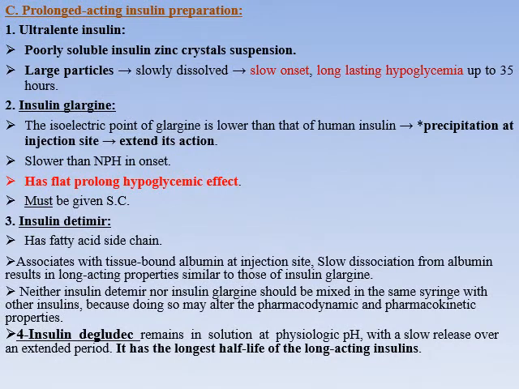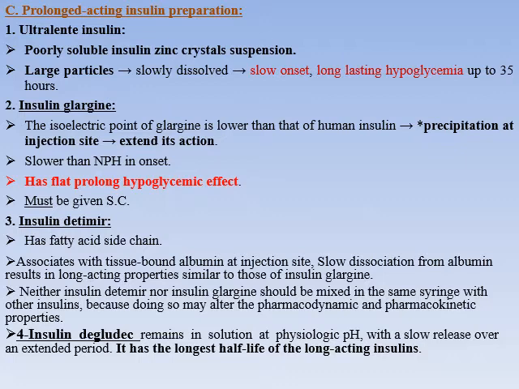The prolonged acting insulin preparation, we have the ultralente insulin, large particles, poorly absorbed, combining the insulin with zinc crystals as a suspension, so it gives a slow onset and long duration of action.